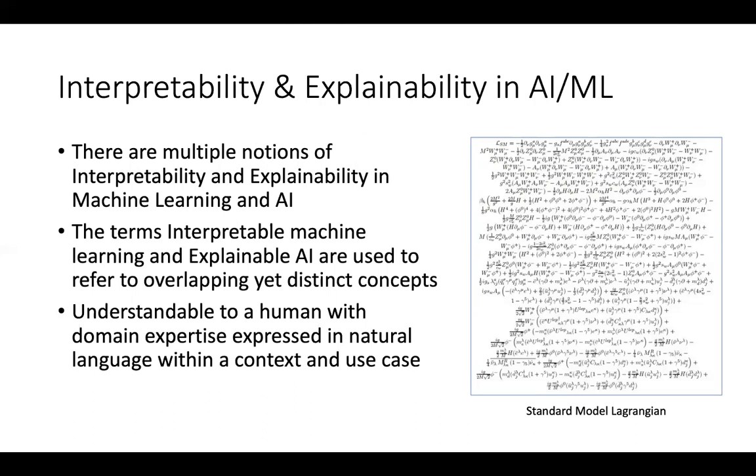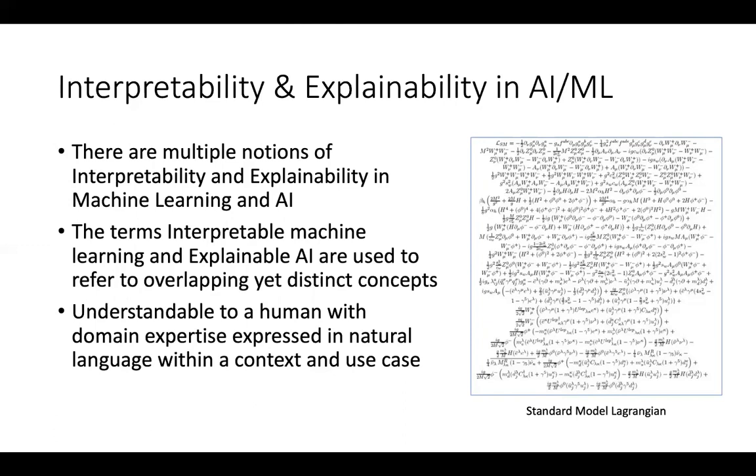So from generalizability to complexity, now we move on to interpretability and explainability in AI and machine learning. Before we go into the relevant concepts in physics, it is important to describe that there are multiple notions of interpretability and explainability in machine learning and AI, concepts which do not have exactly the same meaning, but rather overlapping meanings.